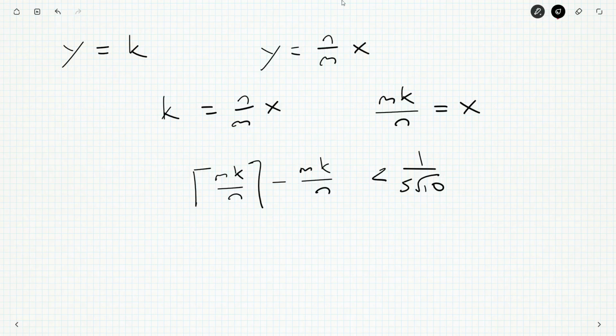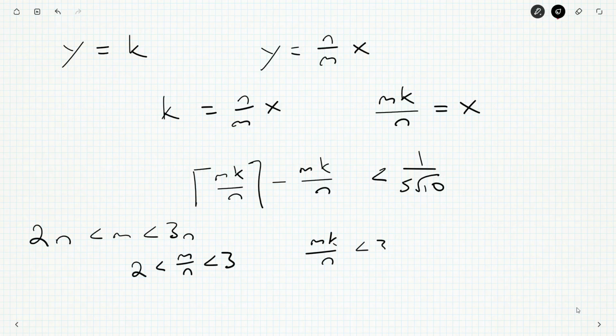But, okay, I know that 2n is less than m is less than 3n. And so 2 is less than m over n is less than 3. So mk over n is going to be less than 3k. No, that's not helpful. Because the bigger k gets, the wider the range of possibilities here.